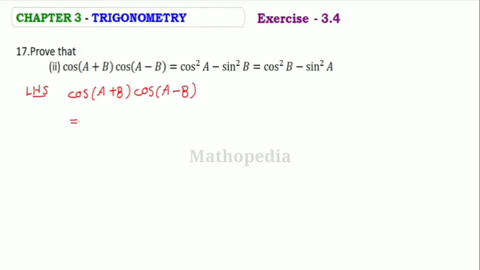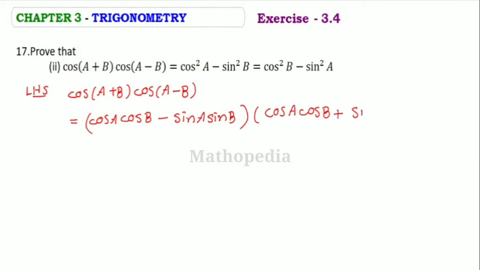This is equal to, now cos(A+B) is cos A cos B minus sin A sin B. Similarly, cos(A−B) is cos A cos B plus sin A sin B.